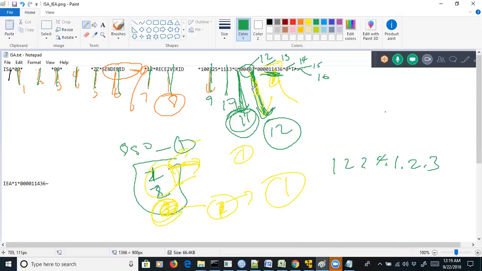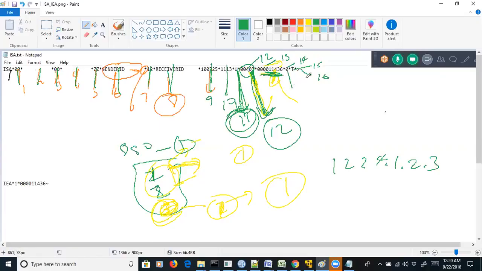So if I send the first file to Abhishek, my transaction control number will be 1. When I send the second file, it should be 2, and on the third file it should be 3. So this is your transaction control number.